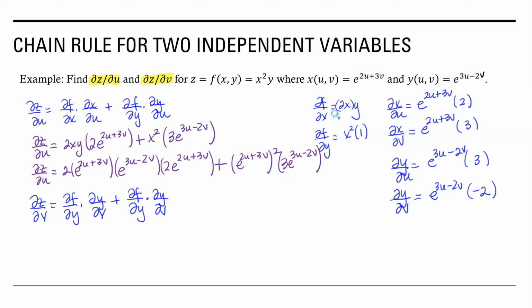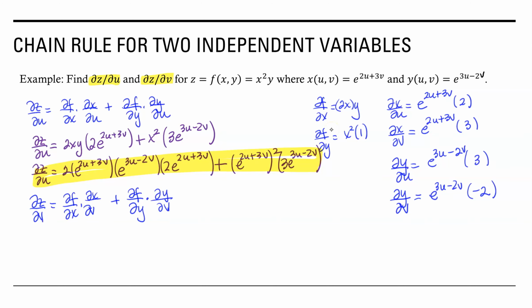Now, we can do some algebra to simplify that, but I'm not going to take the time to do that at this point. That's sufficient to show that you know how to apply the chain rule.